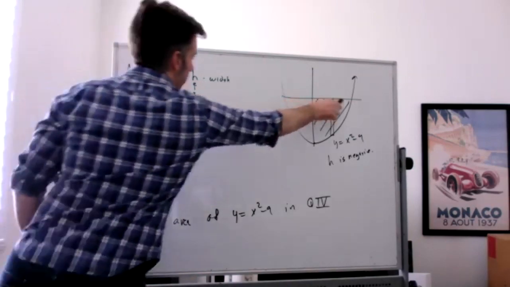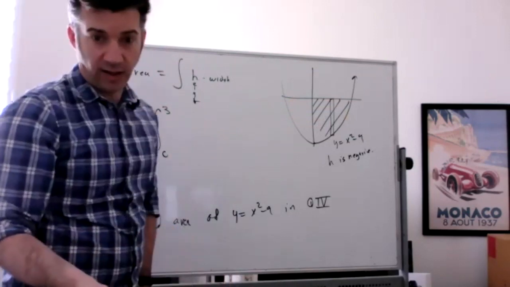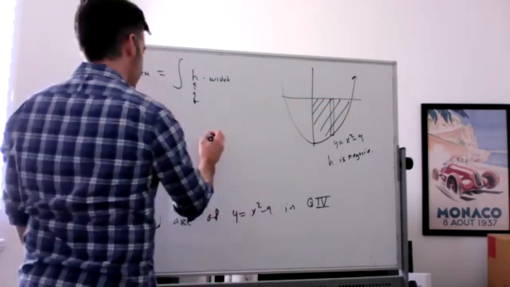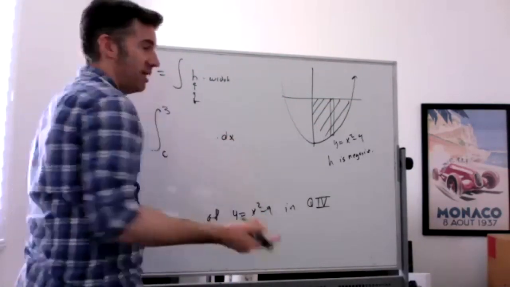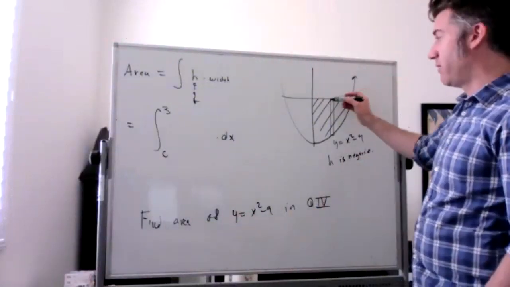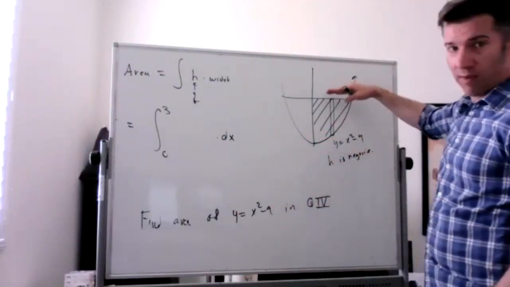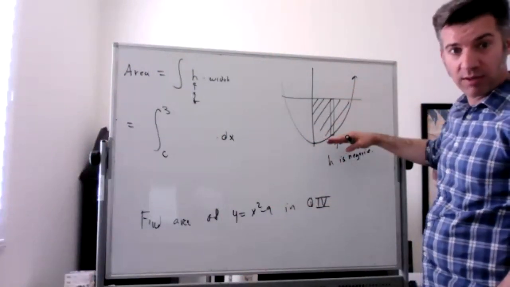From 0 to 3. The width of this rectangle is still dx. The height of this rectangle is not quite x squared minus 9. If you're trying to find the height of the rectangle, you want it to be a positive height. It should be the top of the rectangle minus the bottom of the rectangle.